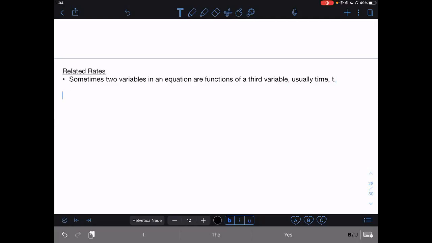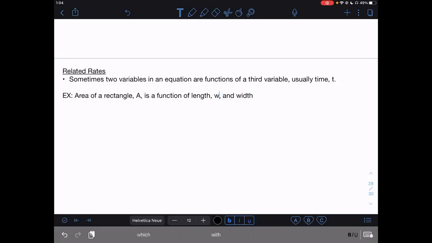Okay, so say, for example, a related rate could be the area of a rectangle, right? The area of a rectangle, known as A, is a function of length and width, L and W, which are our two variables, or two inputs, for this equation.